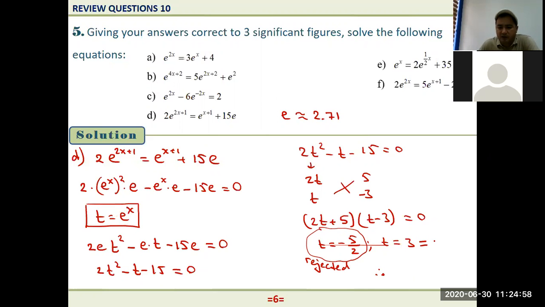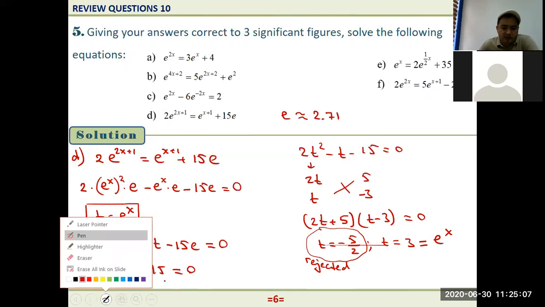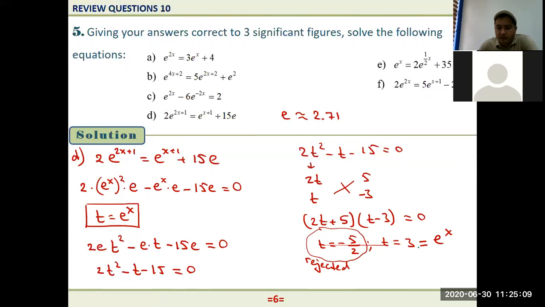T equals e to the power x. Okay, so let me change my pencil color so you can see this much better. Now from here, what is x? X equals, because it is e, natural logarithm of 3.